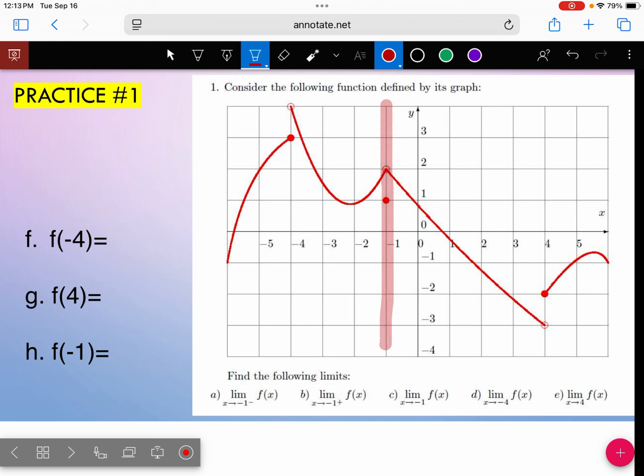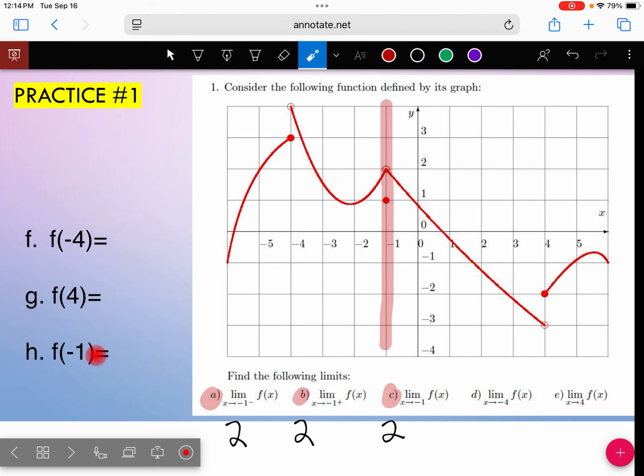First of all, what kind of discontinuity is at -1? Removable. And remember, removables have a limit. So whatever you put for A, you should put for B, you should put for C. What did you put for A, B, and C? 2. Good job.